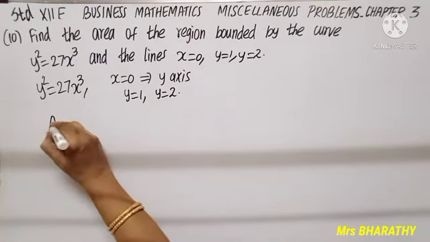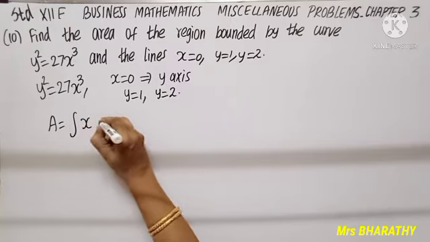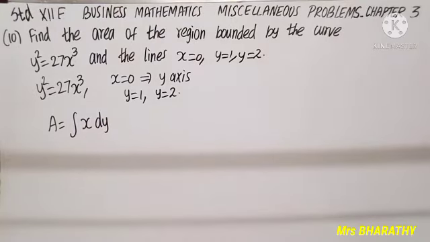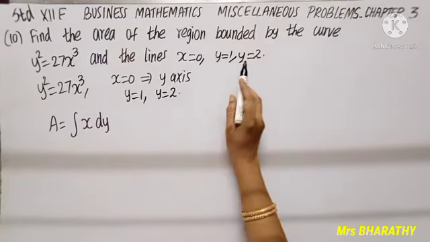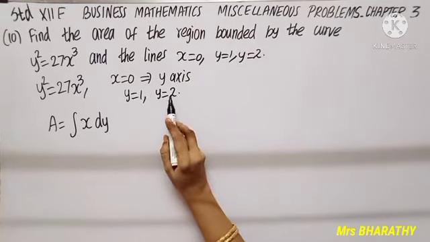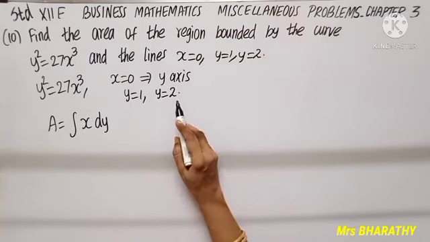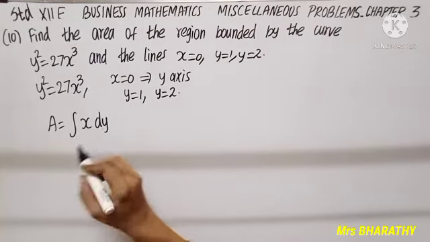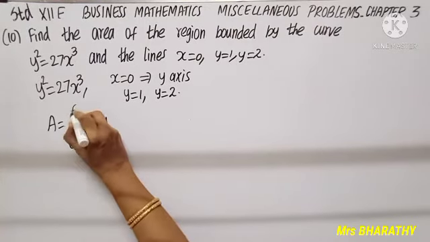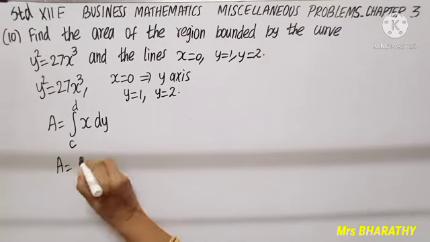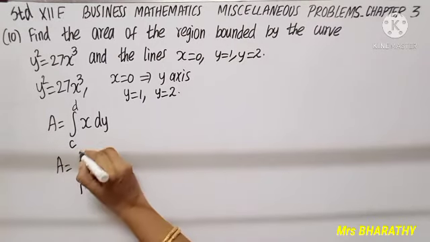So what is the required area? It is integral x dy. The previous problem x limits were given, so we said y dx. Now y limits are given, so it is x dy between the y limits.